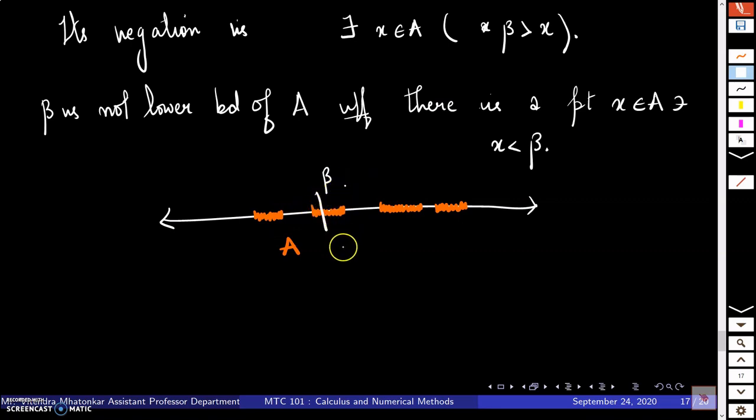So this is an example of a situation wherein beta is not a lower bound of A. This is how you negate the statement that beta is a lower bound of A, and you have it using quantifiers as well. All right.